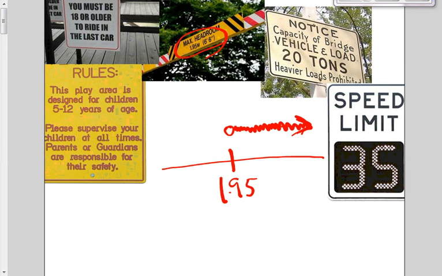So this time we use an open circle because if the vehicle is 1.95, then you would still be able to clear the sign.